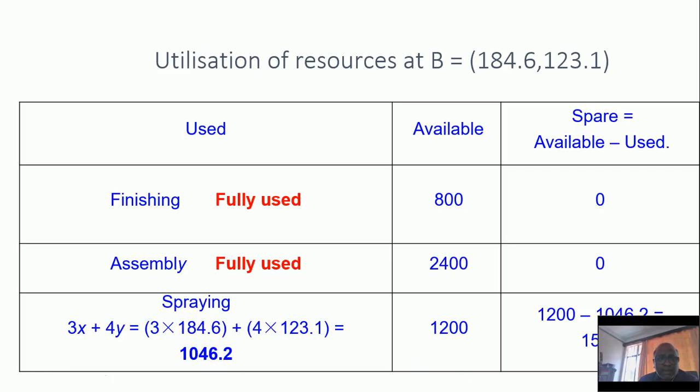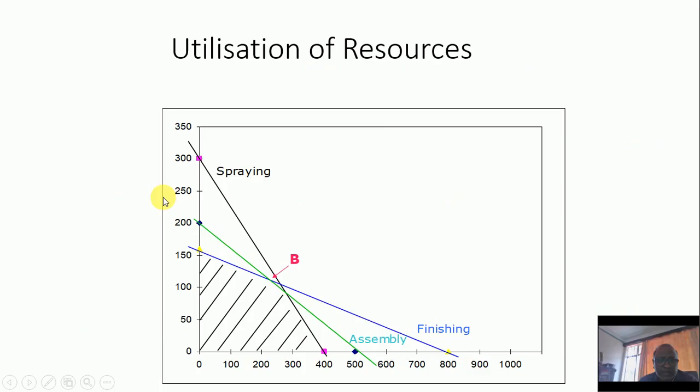So that's the coordinate, that's the number of items for X and Y. And if I substitute these two coordinates in, okay, I have to go back. So if I substitute these two coordinates in assembly and finishing, these two being the two lines forming the point of intersection.